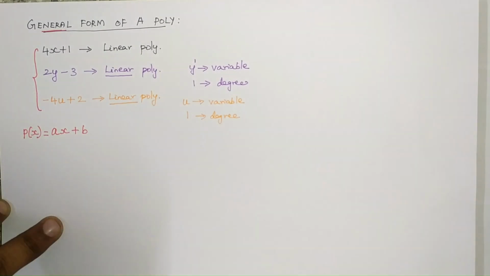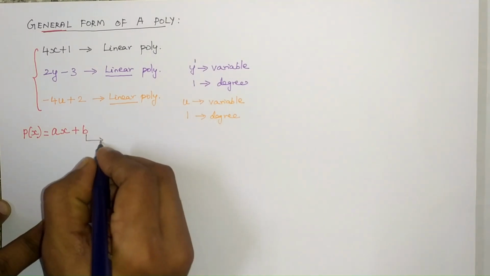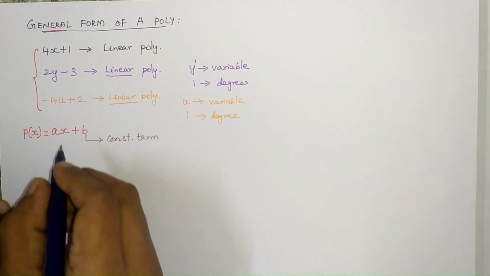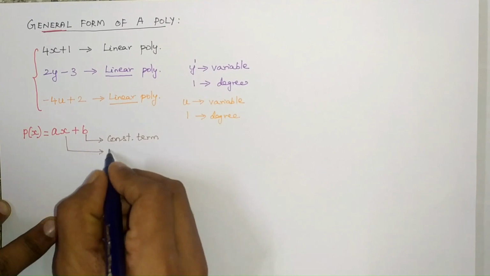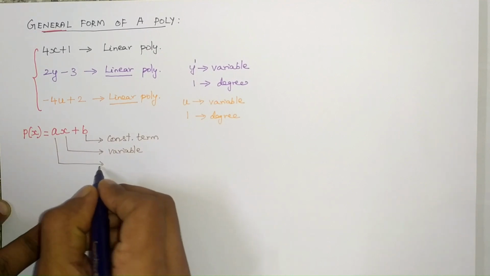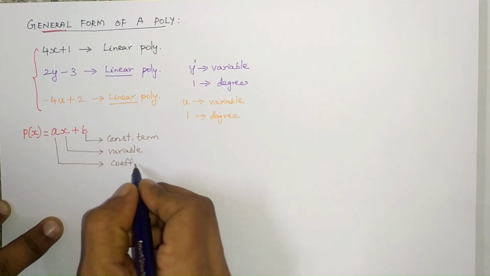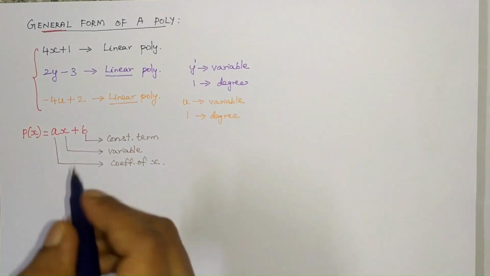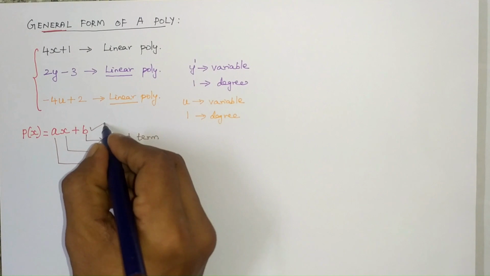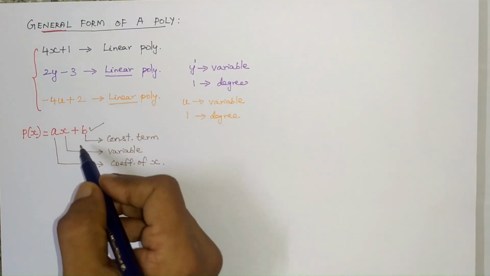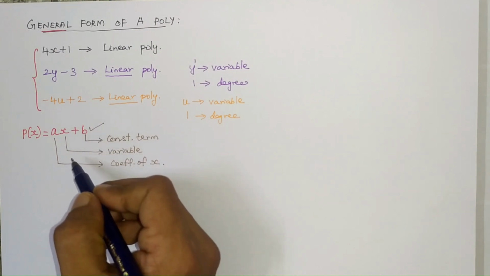What is b here? b is the constant term, x is the variable, and a is the coefficient of x. Okay. So ax plus b, very important, this is the general form of a linear polynomial.